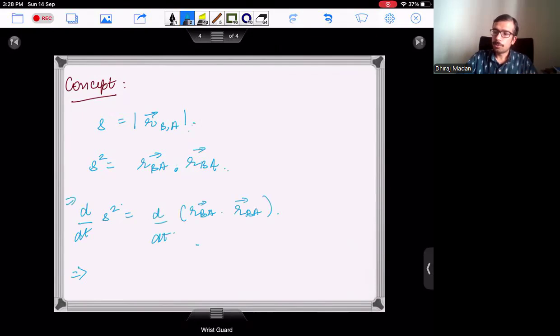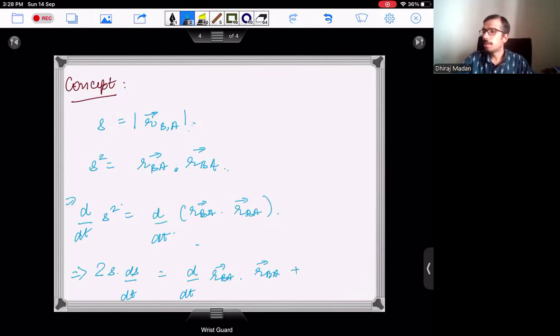For those of you who know the chain rule, you'll get 2s, which is the derivative of s square, times ds by dt. But on the right side, what do we have? We have d by dt of RBA dotted with RBA, using the product rule of derivatives, plus RBA dot d by dt of RBA.